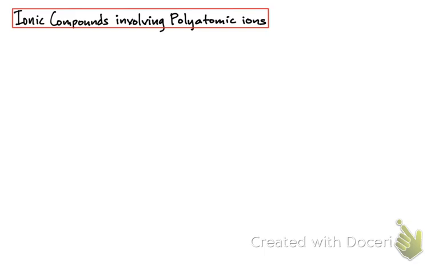But a lot of ionic compounds actually involve polyatomic ions, okay, meaning multiple different elements. A lot of these polyatomic ions contain the element oxygen, and those are also called oxyanions. That means they have a negative charge if it's an oxyanion, right?